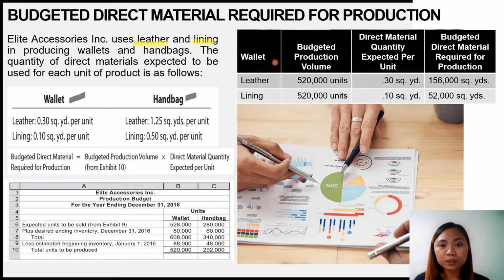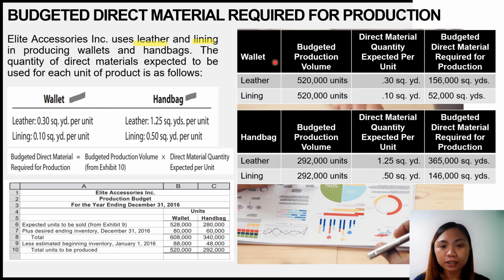We will also use this formula in the computation of the handbag's budgeted direct material required for production. For the leather, 292,000 units, also taken from the production budget, multiplied by 1.25 square yard would be equal to 365,000 square yards of leather. So 365,000 is needed to be able to produce the 292,000 units of handbag.